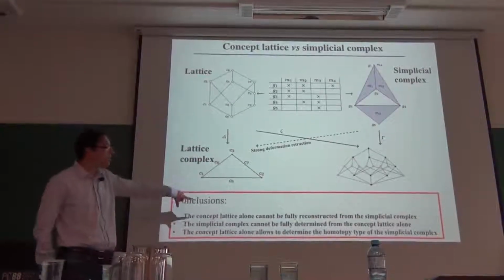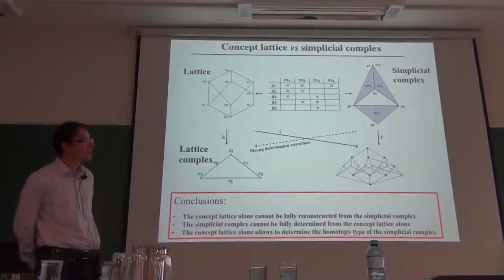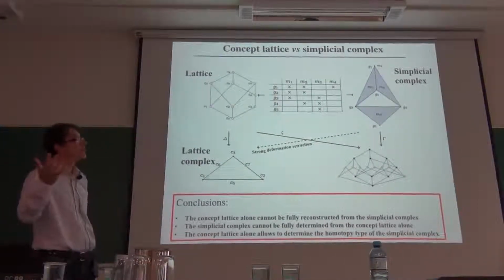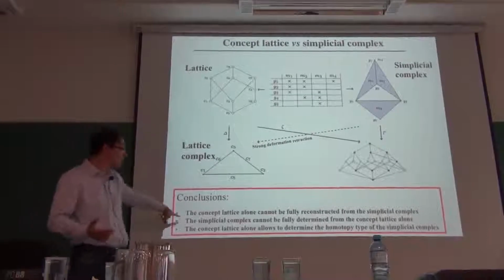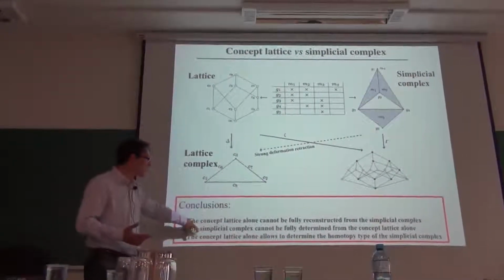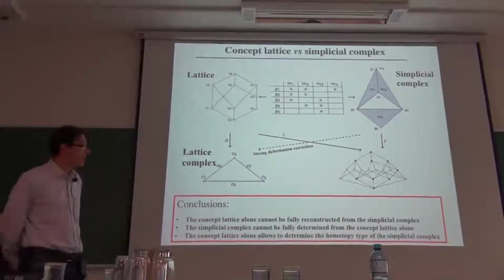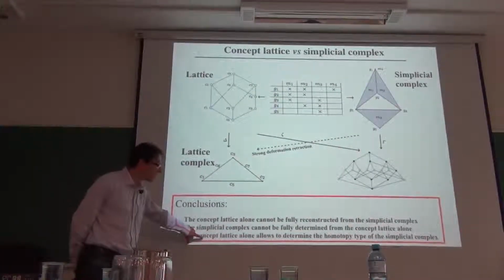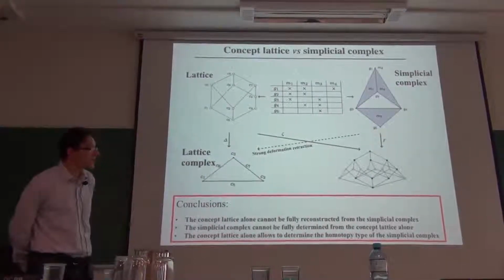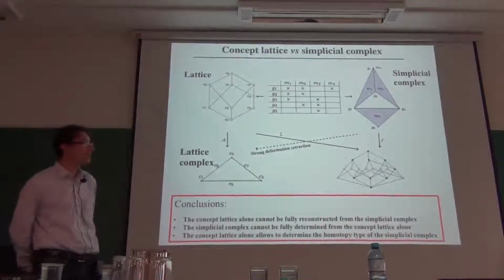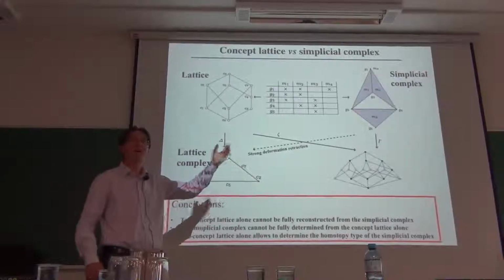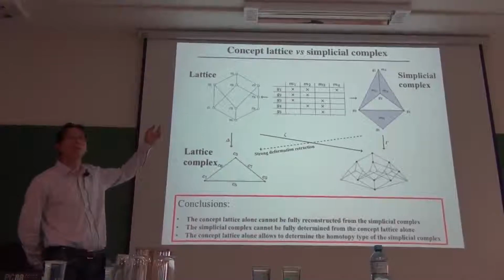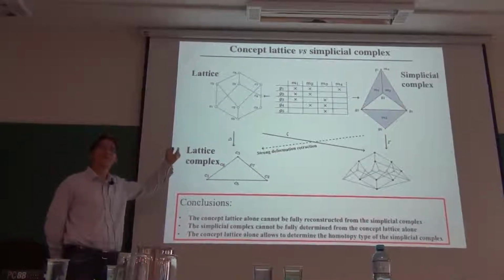The lattice cannot be fully reconstructed from the simplicial complex that you can associate. So you cannot use the simplicial complexes to reconstruct your lattices, and you cannot use the lattice to reconstruct your simplicial complex. But there is an interesting point: the lattice allows you to determine the homotopy type of the simplicial complex. So all the invariants of the simplicial complex are coded somewhere in the lattice structure.